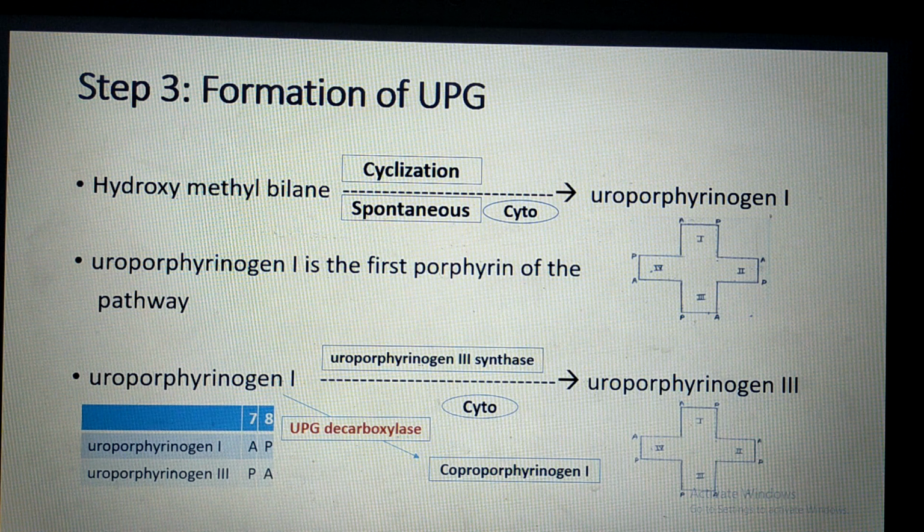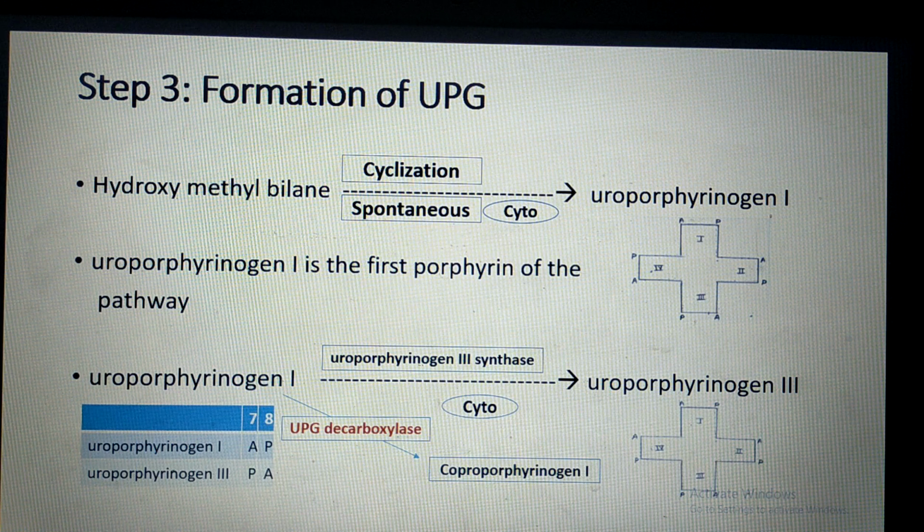Now what is the difference between uroporphyrinogen 1 and uroporphyrinogen 3? It is the difference at the 7th and 8th position of the 4th pyrrole ring. In uroporphyrinogen 1, there is an acetyl group at the 7th position and a propionyl group at the 8th position, whereas in uroporphyrinogen 3, the propionyl group is present at the 7th position and the acetyl group at the 8th position.